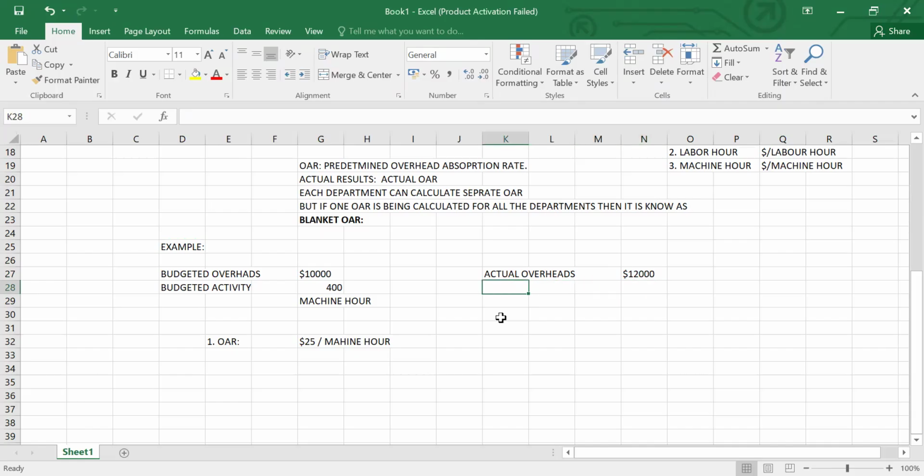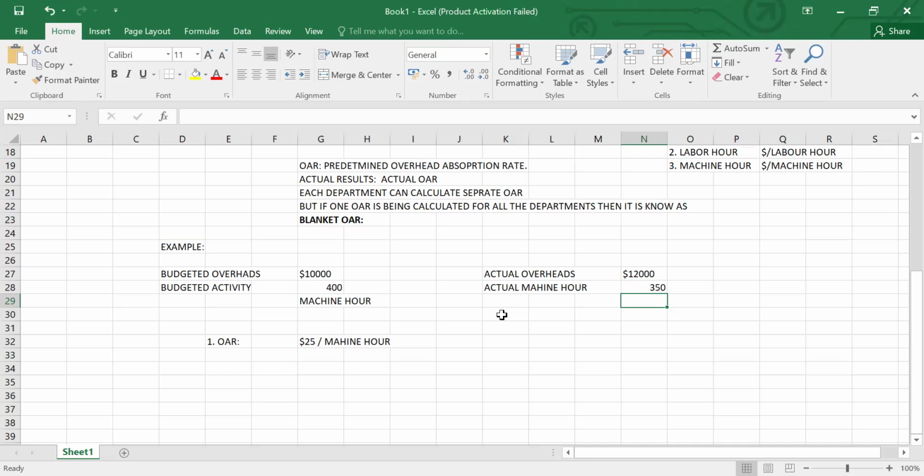And your actual machine hours were not 400, but just 350.